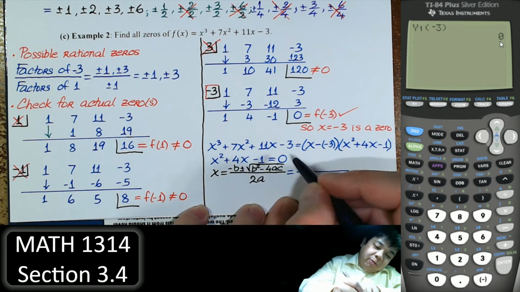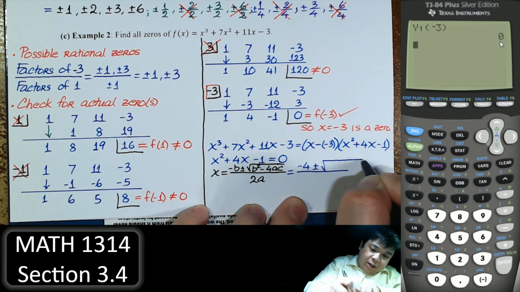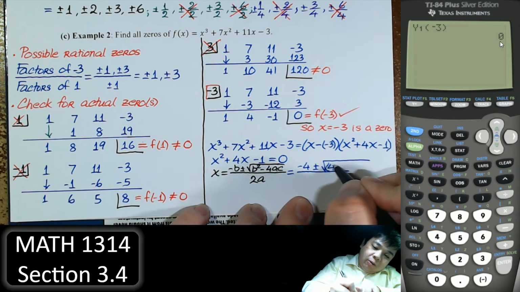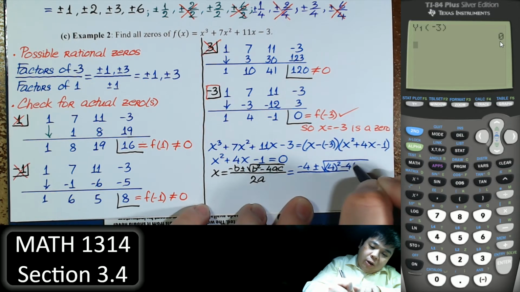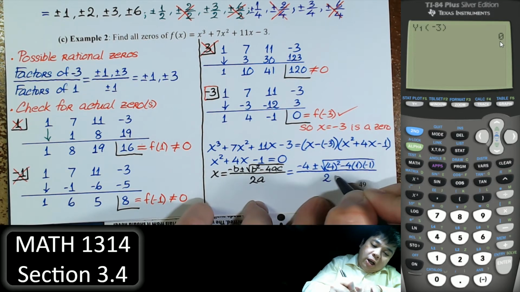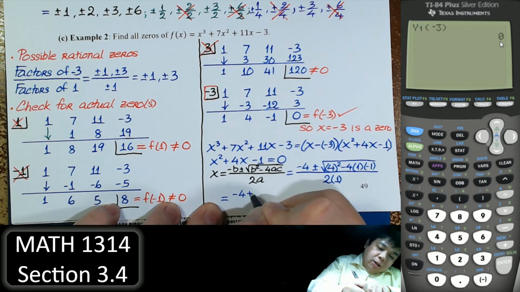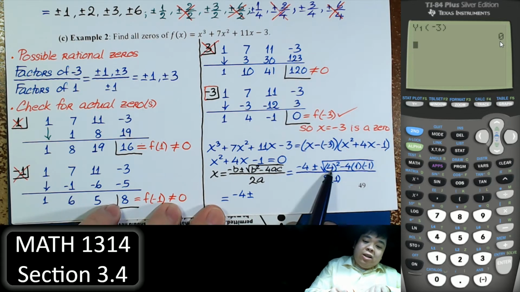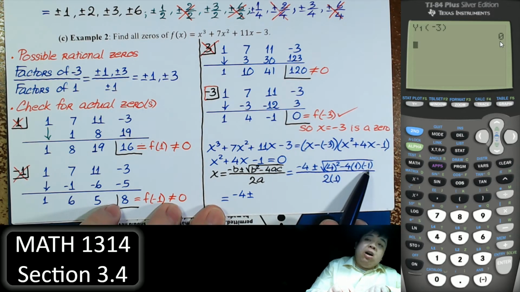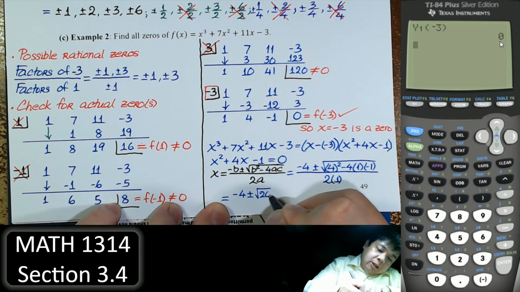Negative 4 plus or minus the square root of 4 squared minus 4ac over 2a. So we have negative 4 plus or minus the square root of 16 plus 4 times 20 over 2.